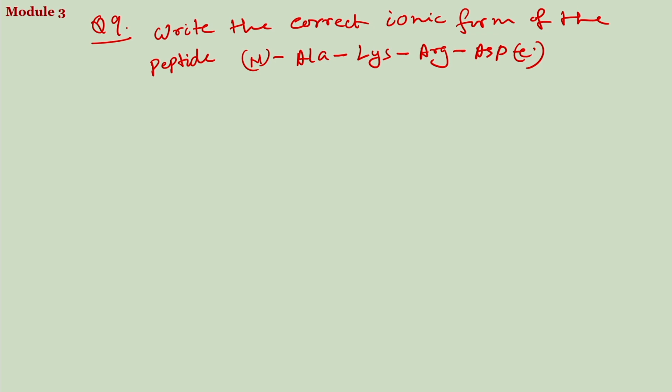So, what will be the correct ionic form at a pH of 7.4, physiological pH? What should be the proper structure of this peptide? I will show you the answer in the next lecture. Thank you.